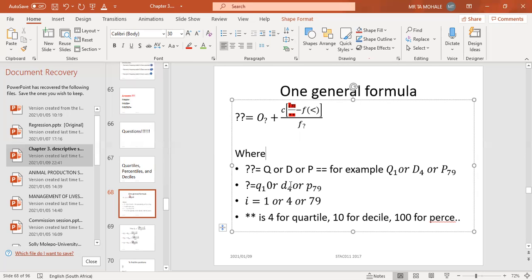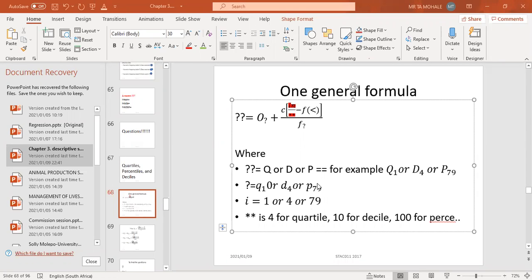So D4, what is the position of D4? 4n over 10. Is that correct? Yes. Okay. Do you all understand? Yes. Okay.